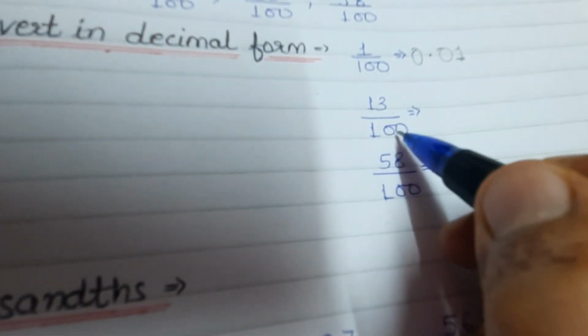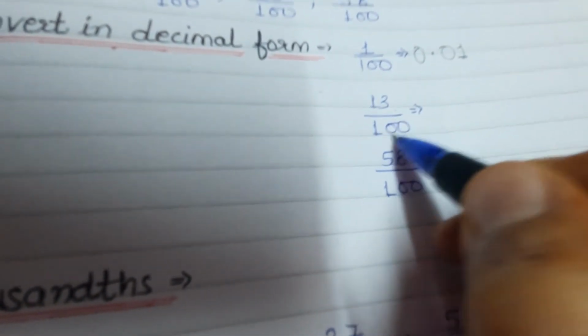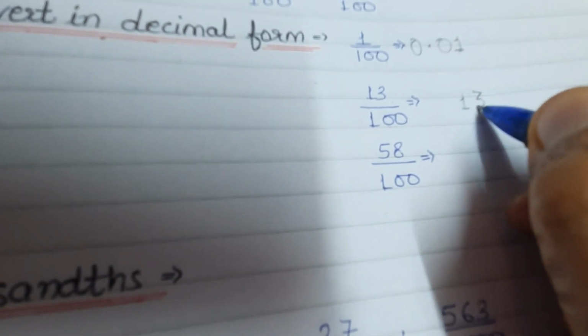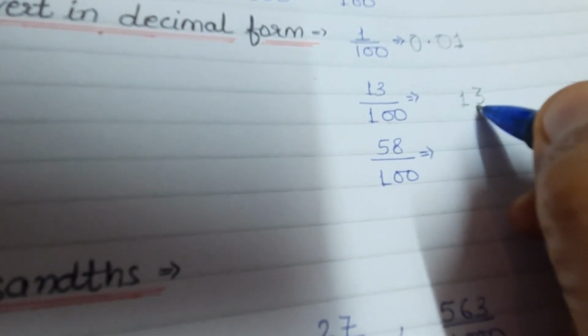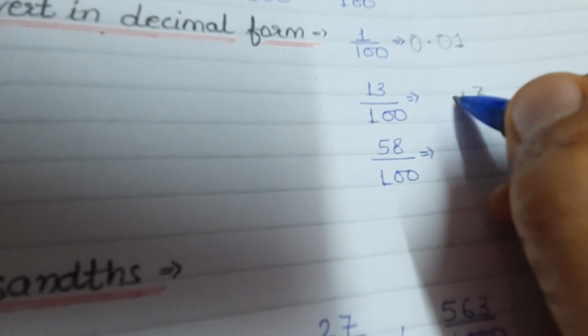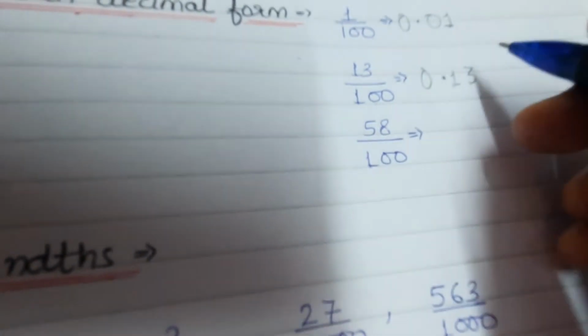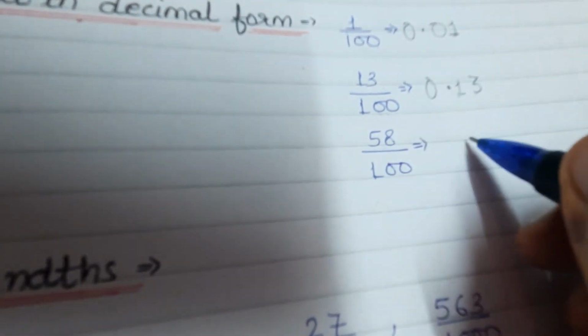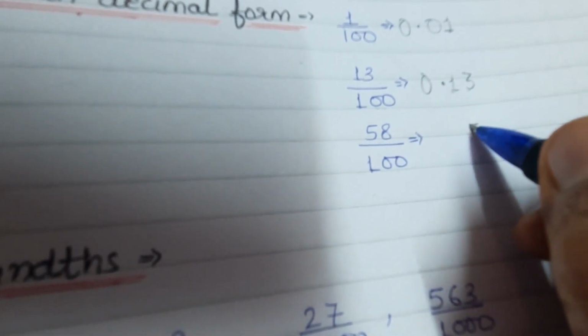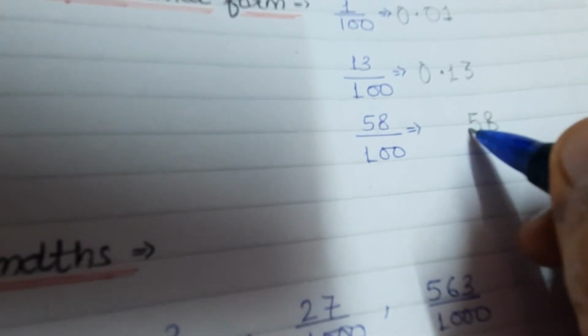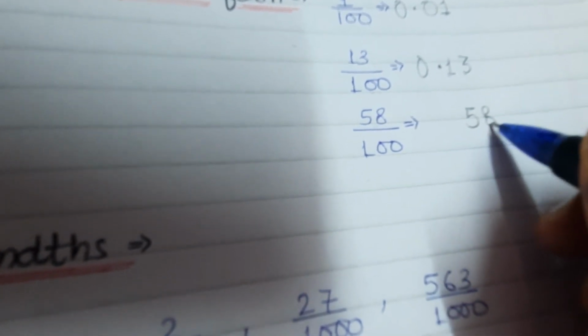Now here 13 upon 100. First we will write numerator as it is. In 13 we can see 2 digits are there. So we will put here decimal before 2 digits, and to cover the decimal we will put 0 here. Now here 58 upon 100. So we will write 58. 58 has 2 digits.